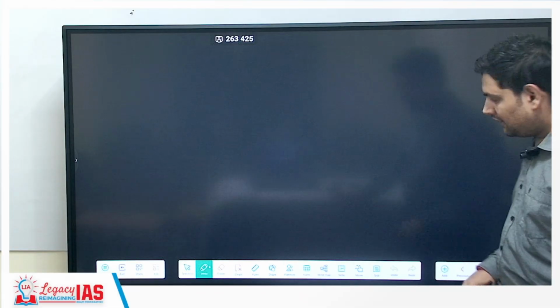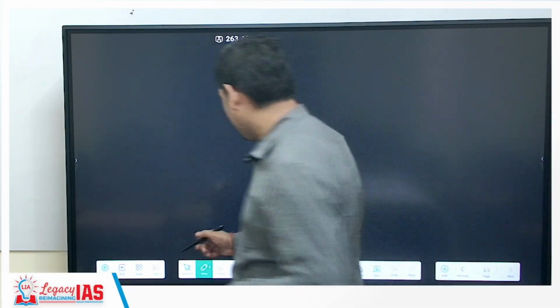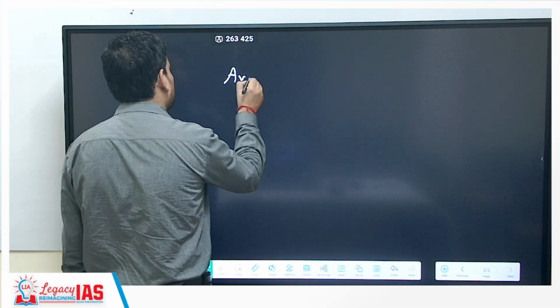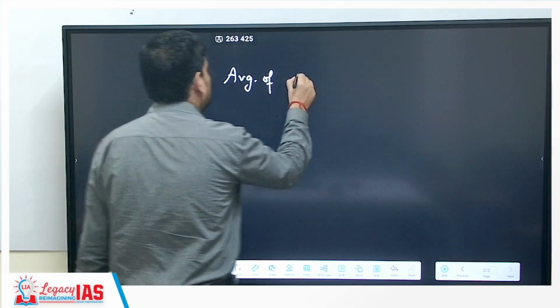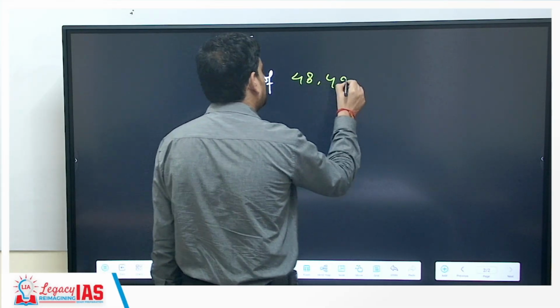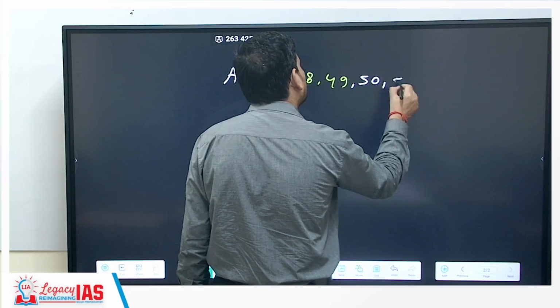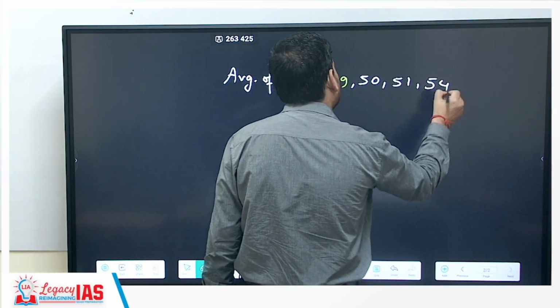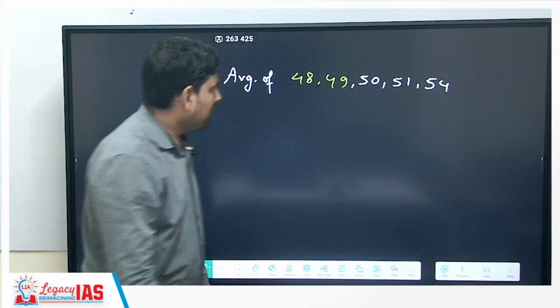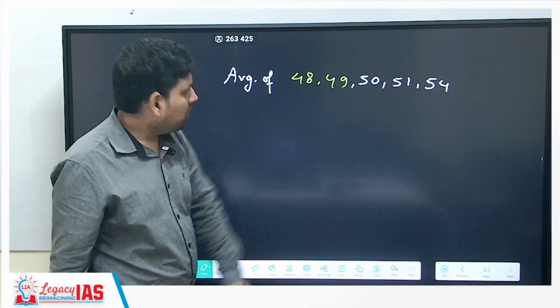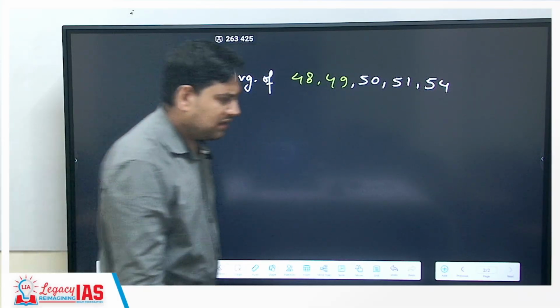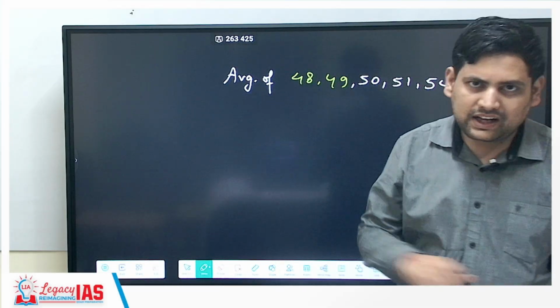Now let's find the average of this data set: 48, 49, 50, 51, and let's say 54. You need to find the average of all these 5. One way of doing this is simply adding all of them.